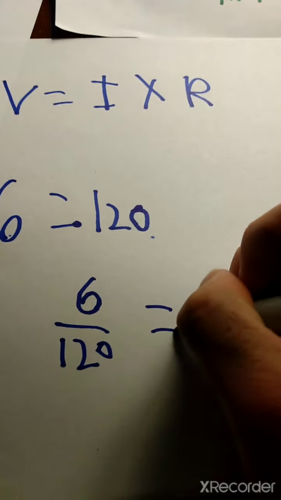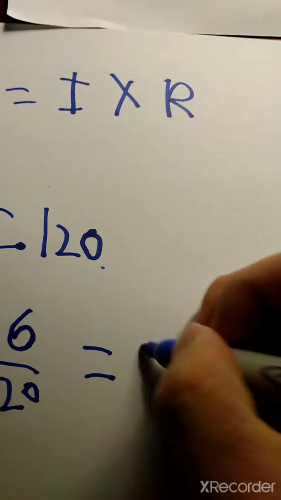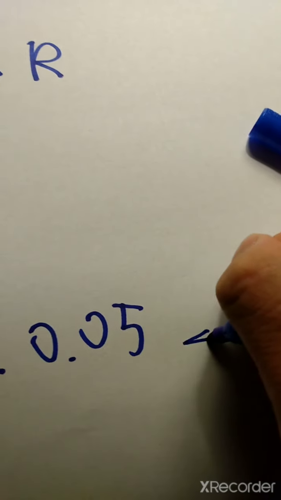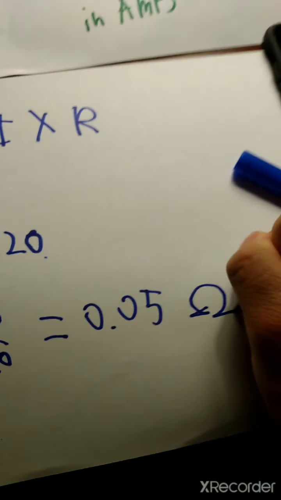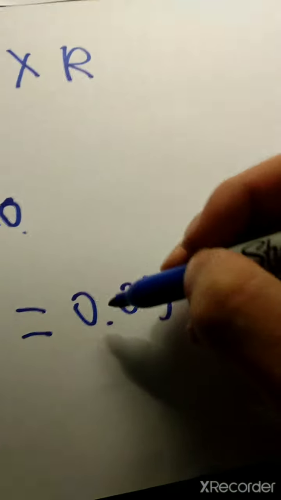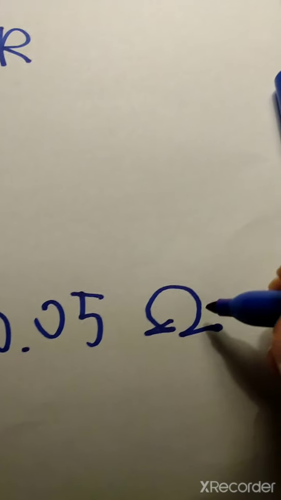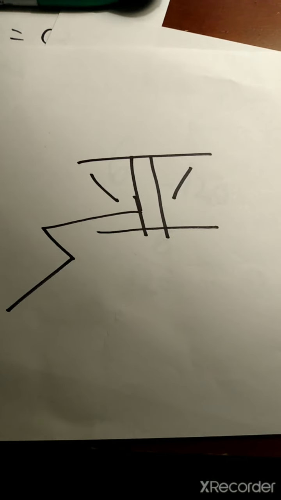That is going to equal 0.05 ohms, or resistance. So that's what the R is, 0.05 ohms. That's the omega symbol. Those are all the examples that you might find in your assignments when you use voltage equals current multiplied by resistance.